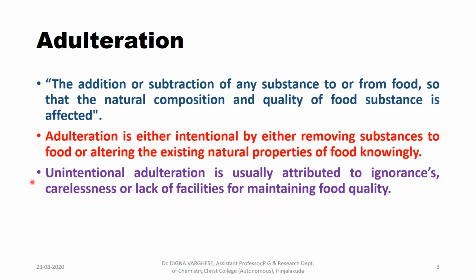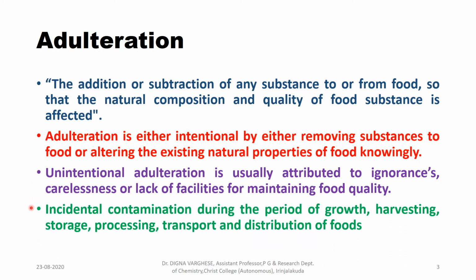Unintentional adulteration is usually attributed to ignorance, carelessness, or lack of facilities for maintaining food quality. Incidental contamination occurs during the period of growth, harvesting, storage, processing, transport, and distribution of foods.